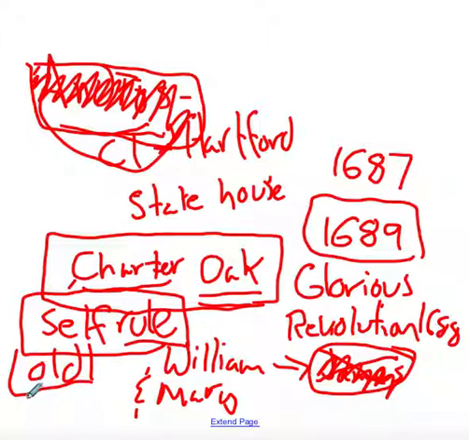And then, of course, oaks are very strong. And this was a massive tree. So we have old, strong self-rule. And these are some of the symbols and the reasons why the Charter Oak is so important to Connecticut.